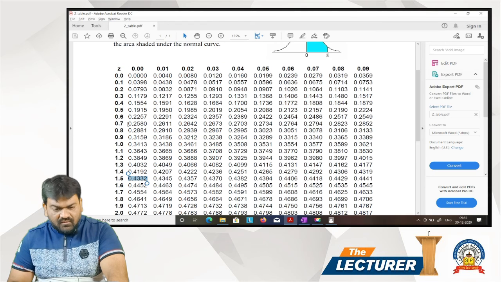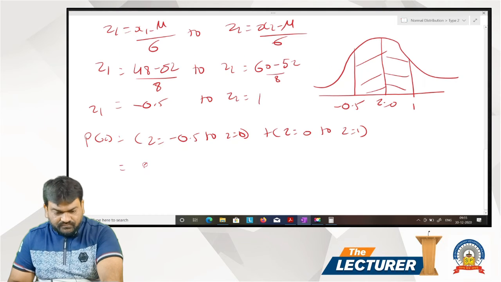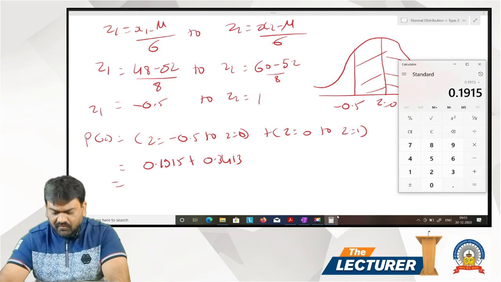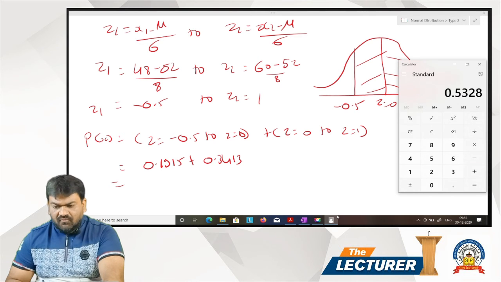That is 0.1915 plus 0.3413, which is 0.5328.